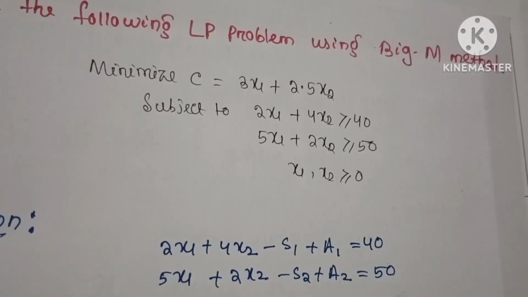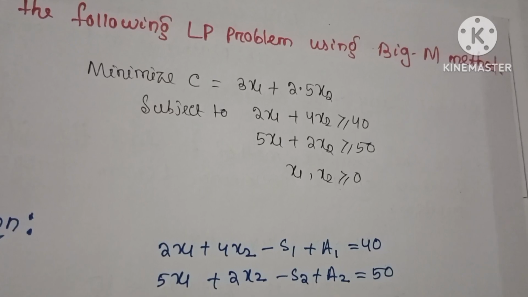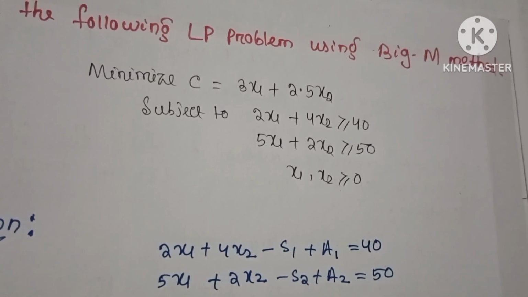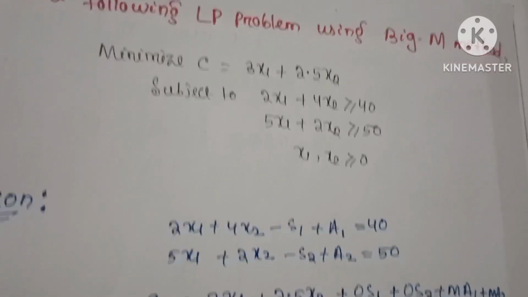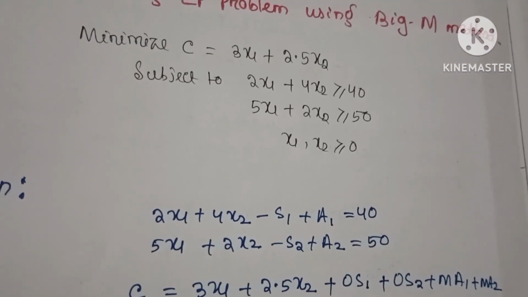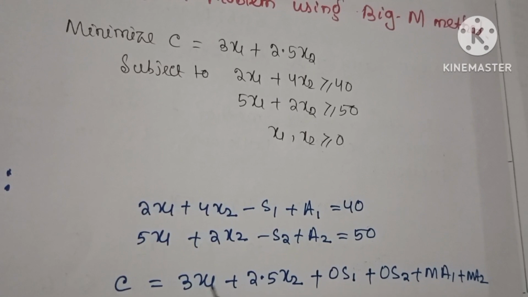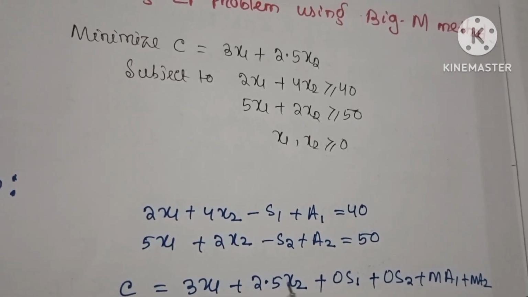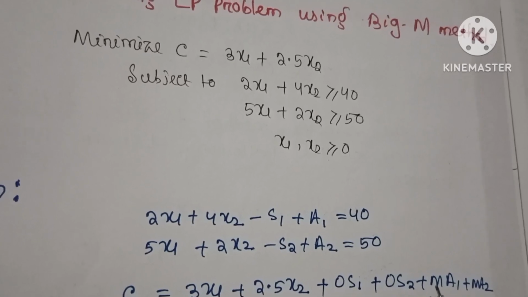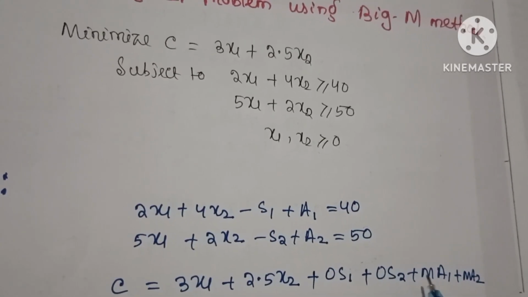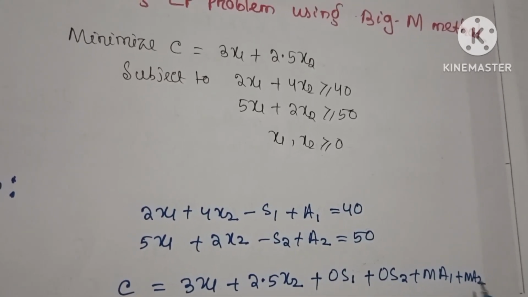Now we will see the standard form of the objective function. The objective function becomes C equal to 3x1 plus 2.5x2 plus 0s1 plus 0s2 plus M a1 plus M a2.